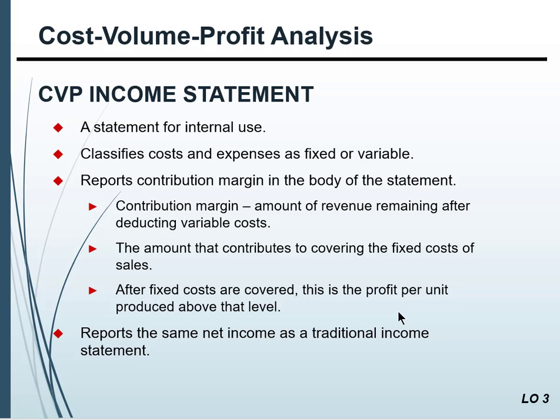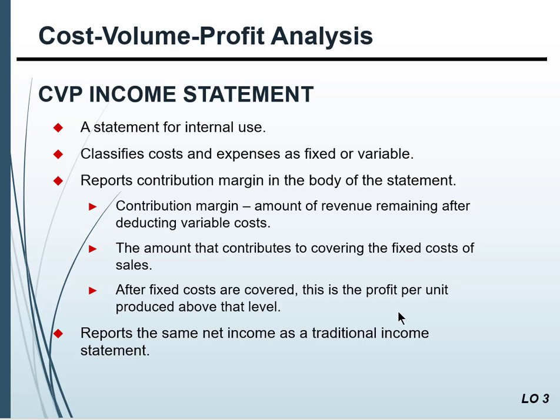So if you sell something for $10 and the variable cost per unit is $6, every time you sell a unit, you make $4 in what's referred to as contribution margin. That first unit you sell, $4 of profit, goes to cover the fixed costs.